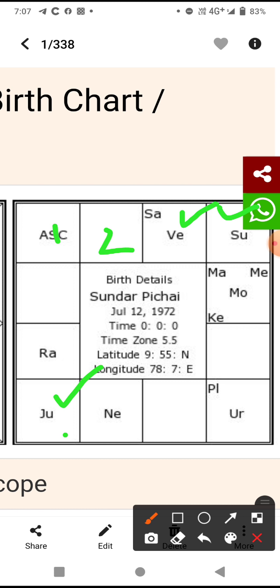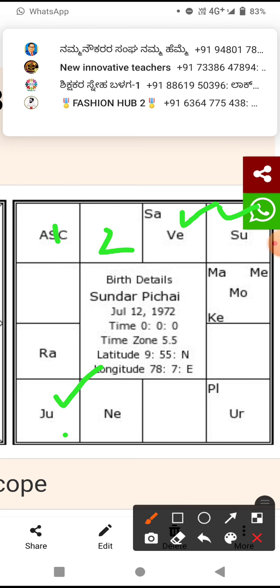Another principle is that highly achieved people usually have a strong 5th house, because the 5th house is a Trikona, and it also indicates creativity. You see here, the 5th lord, the Moon, is in the 5th house itself.